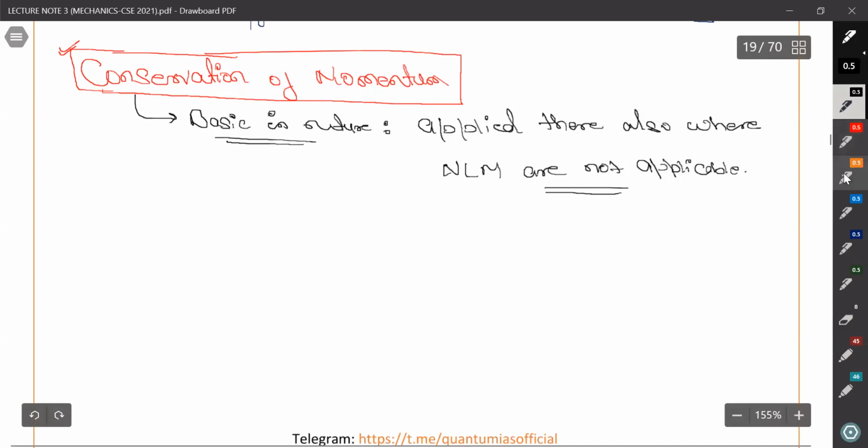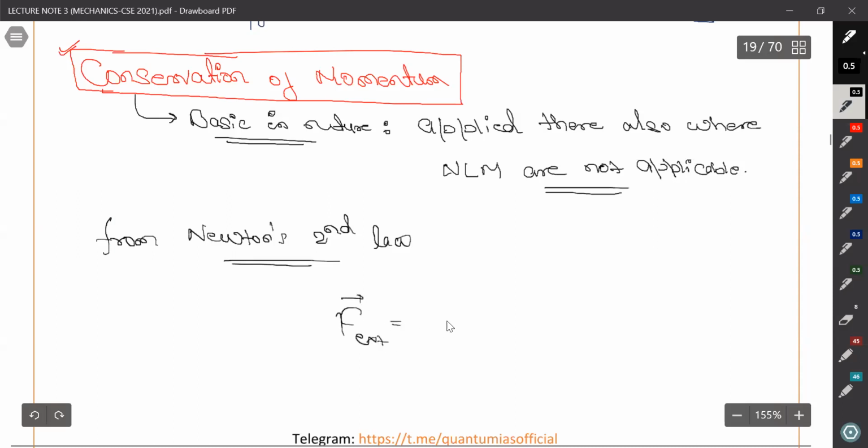So let us see from the second law perspective. From Newton's second law we can write that F external is equal to dp net, and this is also the dp of center of mass.